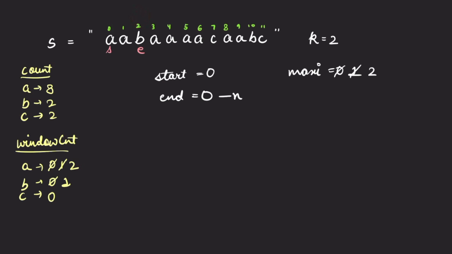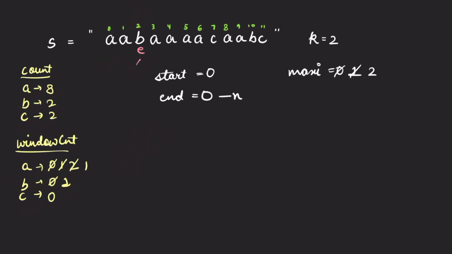So what we will do is, we will move this start forward until all these three satisfy the condition again. In the first case, 2 minus 1 is giving us 1, so that means I should shrink my window. So start will come here now and it will be decremented by 1 from the window count. And again, 2 minus 1 is 1 still, so we will again move the start forward.